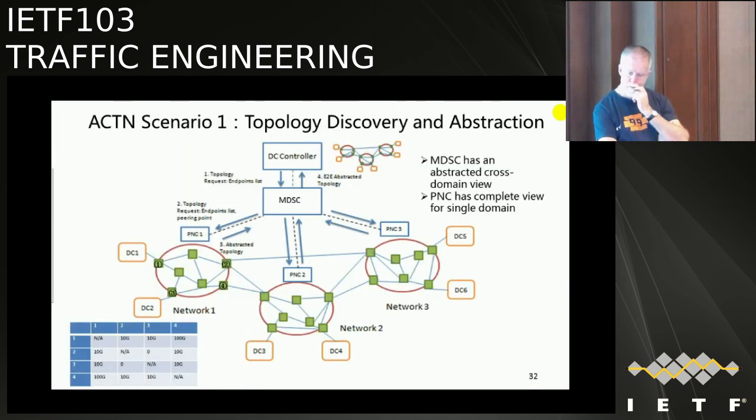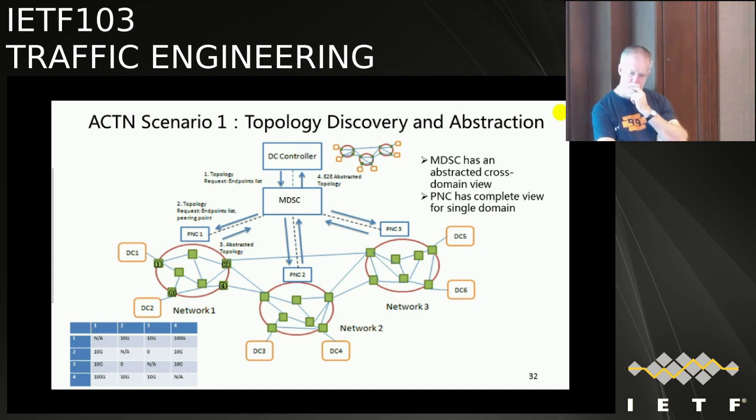Typical scenarios for ACTN: how the topology is discovered, how the topology is abstracted. This page shows an example of how this is done. If we look into the network number 1 domain, there are actually 7 nodes in the domain, but to be abstract, we only use the border nodes to form a 4-point topology and report it to a higher hierarchy of controllers.